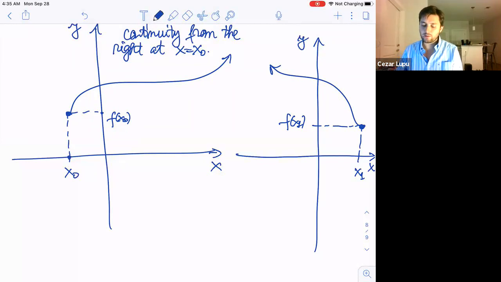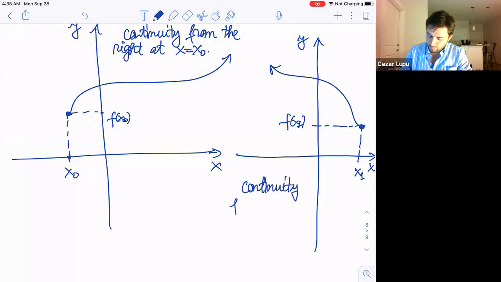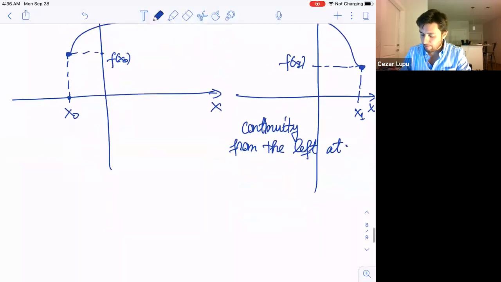This is what it means, continuity from the left. So this is continuity from the left at x equals x naught, right?